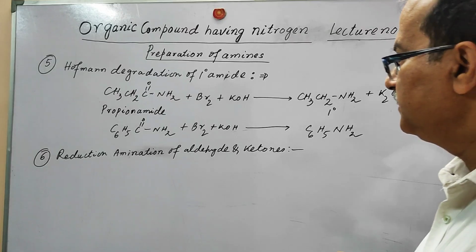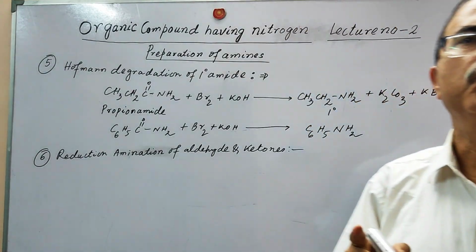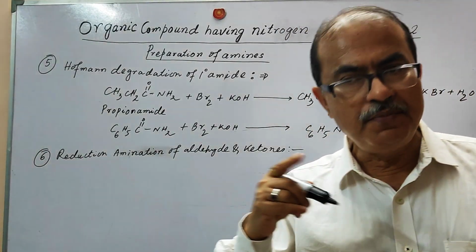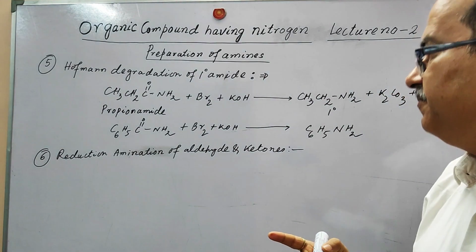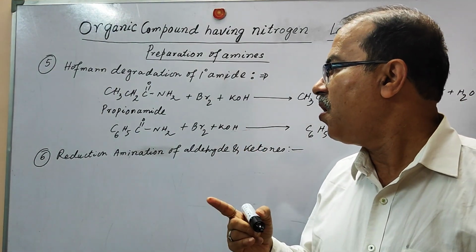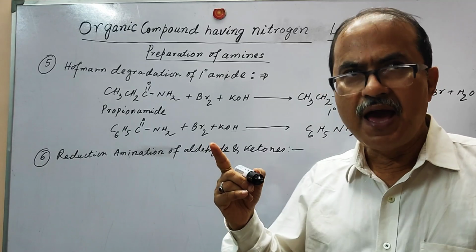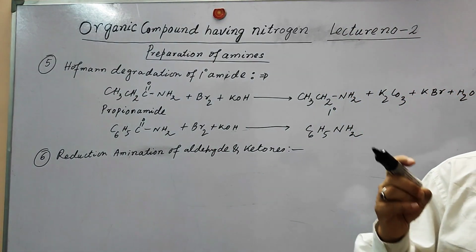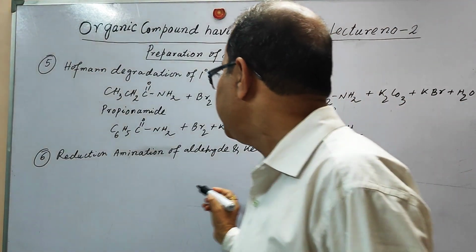Here, both aldehyde and ketone can be transformed into the 1 degree amine by the use of the ammonia, and which is reduced. The reaction is this.